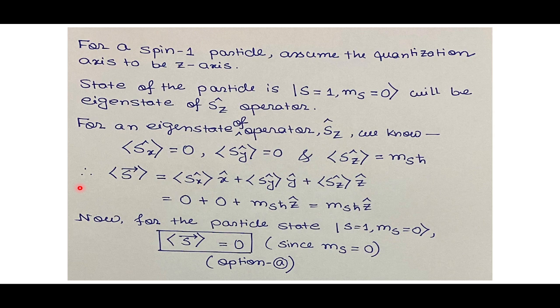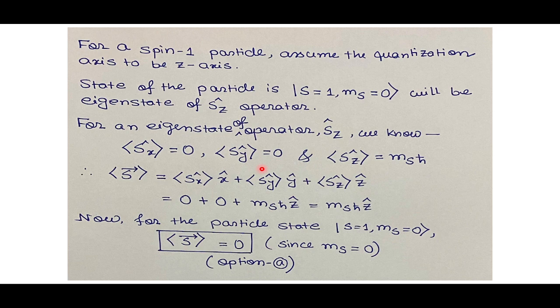I wrote this much even though I completed half of the page, but this was only a two-line solution. You just have to remember that the expectation value of Sx and Sy is 0. Whatever your quantization axis is, for every other component the expectation value will be 0, because it will be precessing.